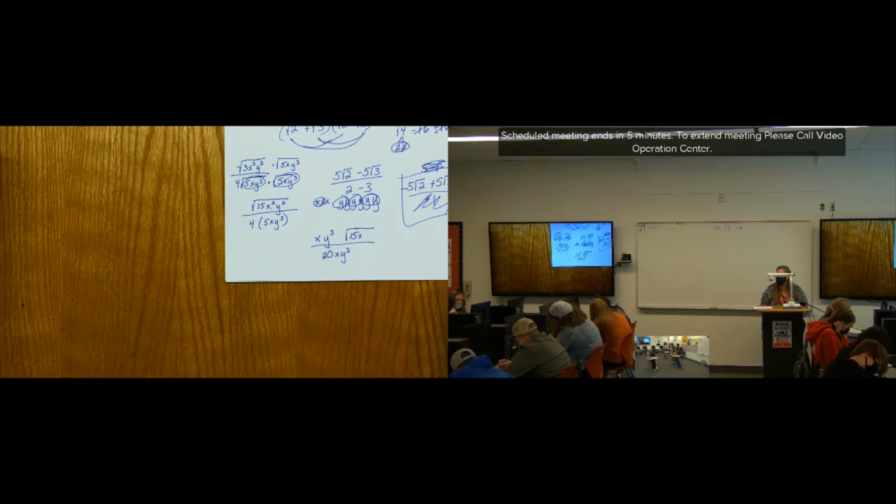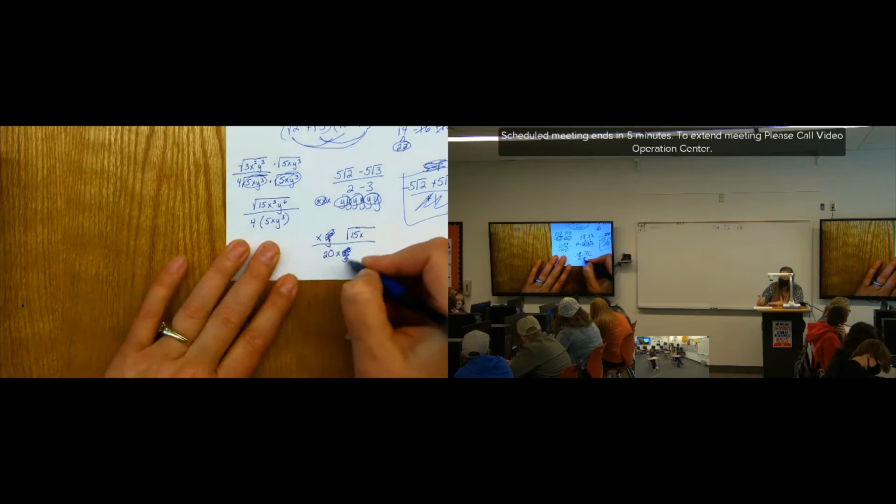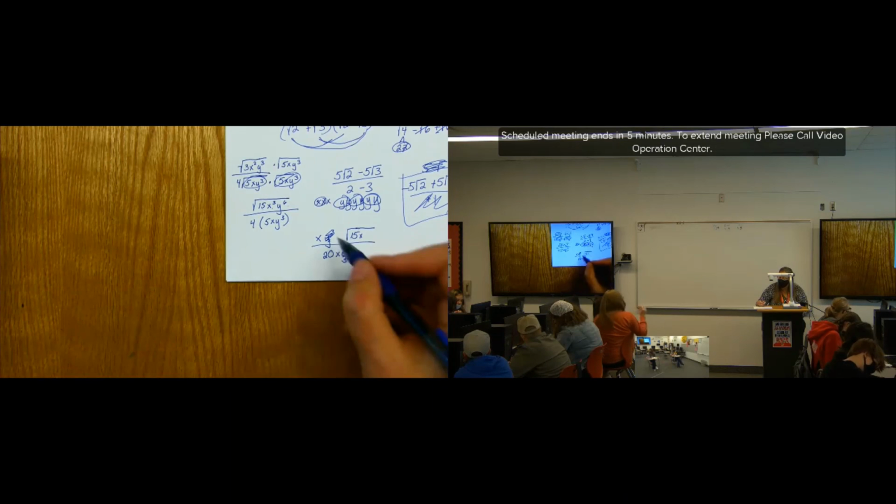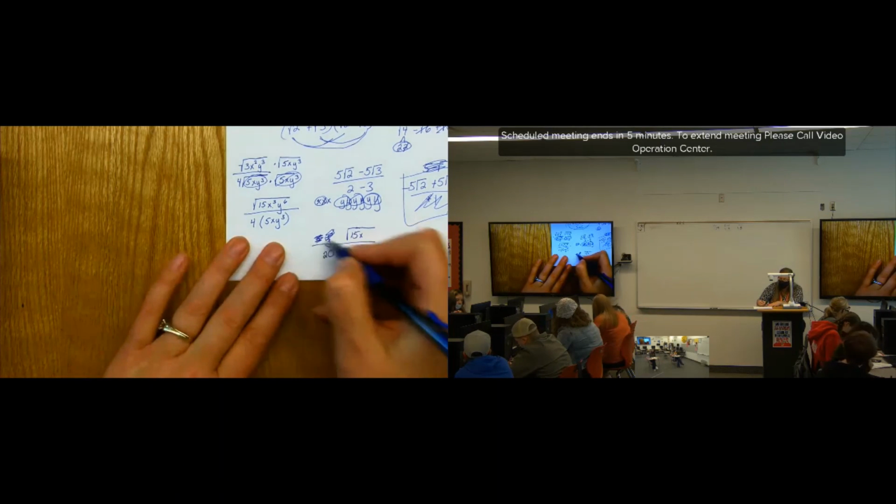Is there anything that will reduce? I think you guys can see that there is something that will reduce. The y's will go away, and the x will go away.